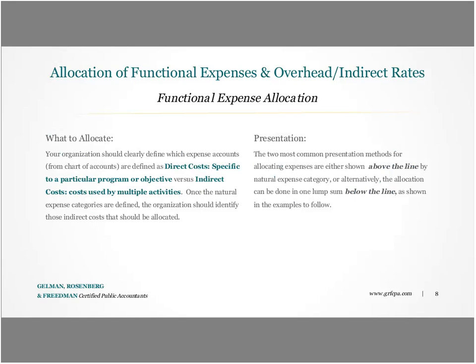While the chart of accounts might be a much more detailed level of various accounts, on the functional, we would identify the key natural expense categories such as salaries and benefits, which could potentially have multiple individual accounts in the chart of accounts that roll up into that natural expense.